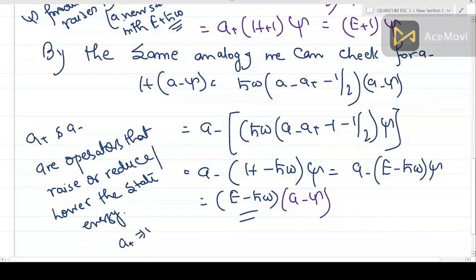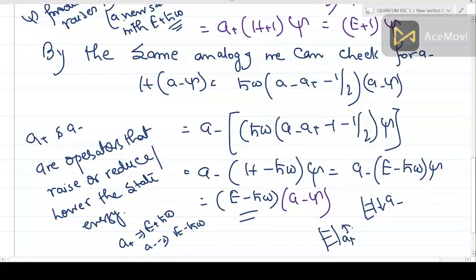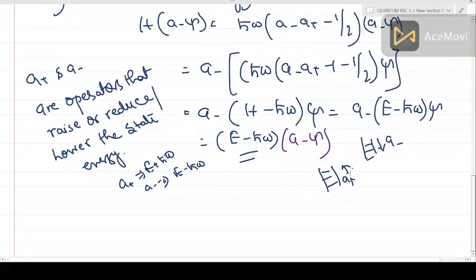Means a plus takes you to a higher energy state, E plus h bar omega, and a minus takes you to a new state, E minus h bar omega. A minus is taking you down the ladder. If this is the ladder, a minus is taking you down. If this is the ladder, a plus is taking you up. This is the concept. That is why they are said to be raising and lowering operators and ladder operators, because they are doing this in steps.